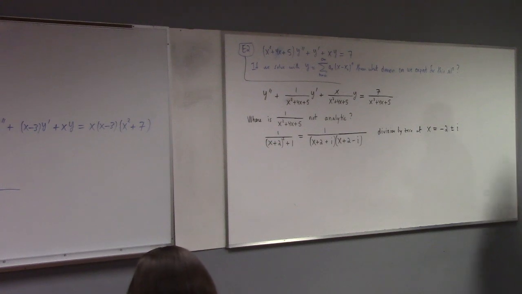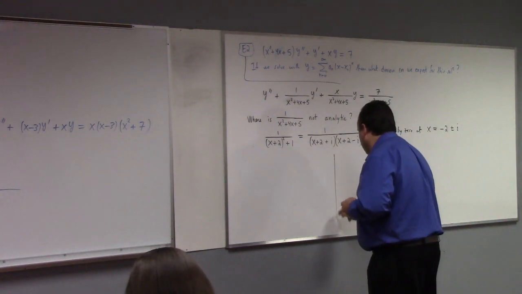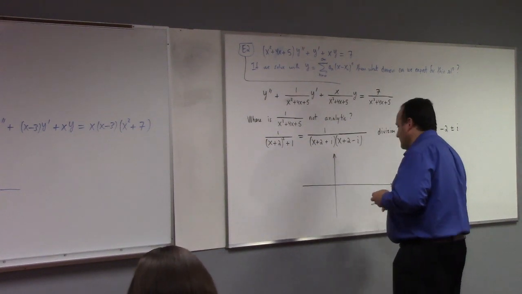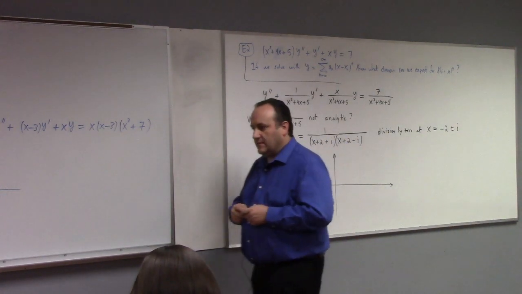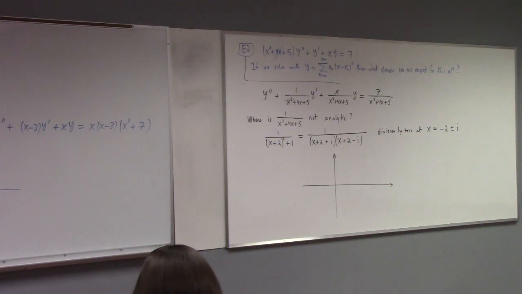And to figure out the question that I've posed, we have to draw the complex plane and understand the domain in terms of how power series work for complex variables. In complex variables, a function's analytic means that it converges on a disk in the complex plane. So the radius of convergence becomes an honest-to-goodness radius of convergence.